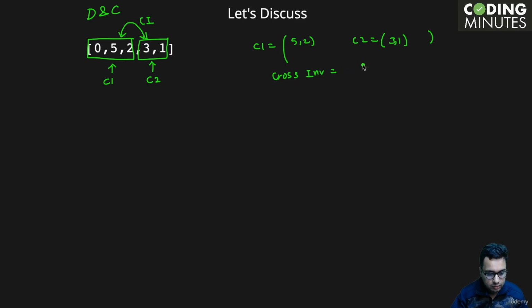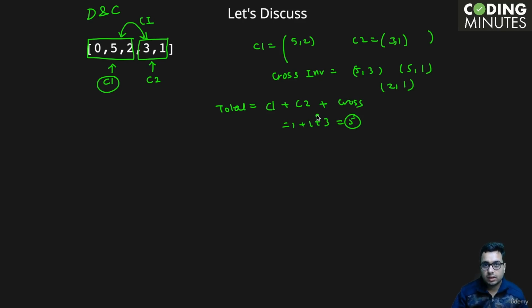So we have 5 comma 3, 5 comma 1, and also 2 comma 1, which is one more inversion. The total is the number of inversions in C1, plus the number in C2, plus the cross inversions. So it is 1 plus 1 plus 3, that is 5.